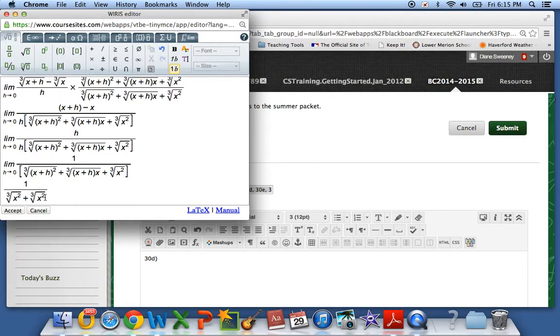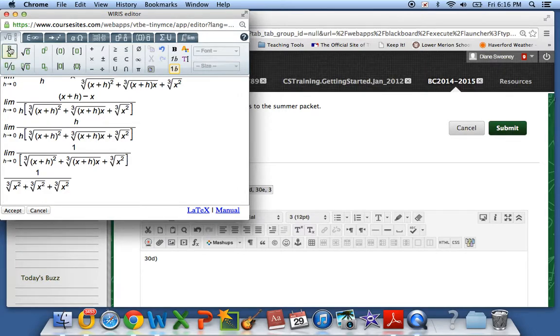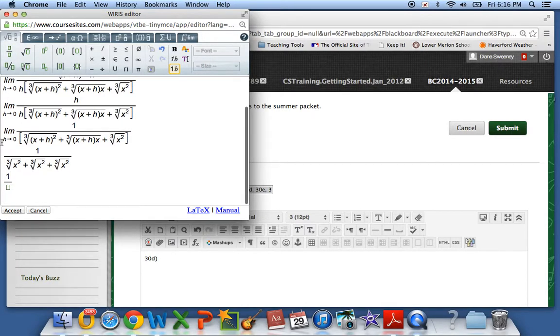And then we're still going to have plus another. In fact, I'm just going to copy this over, which we can then simplify as just a fraction again, 1 in the numerator, and in the denominator we just have 3 of those things. So I'll just copy that. And there's our derivative.